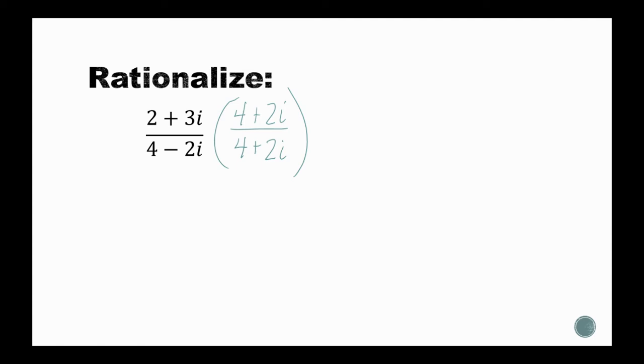And we can multiply 1 by anything because it doesn't change, right? So with a fraction, as long as we multiply the top and bottom by the same thing, we're creating an equivalent fraction. Okay? But the nice thing is when we do the denominator, we're going to get rid of that complex part.